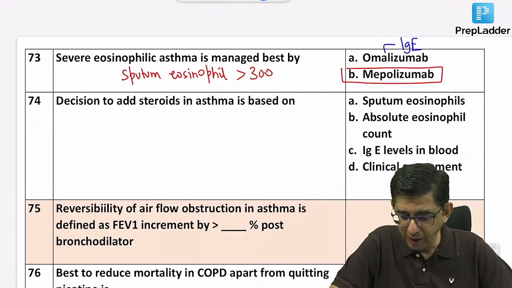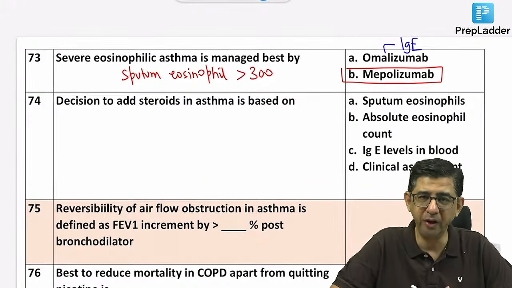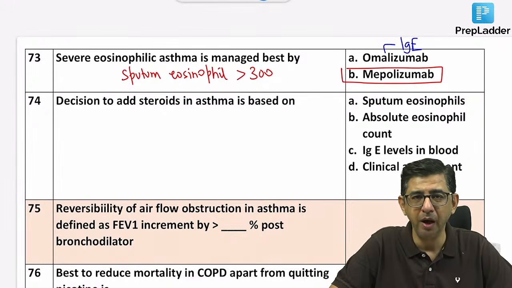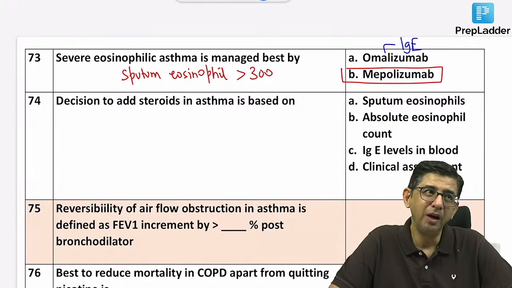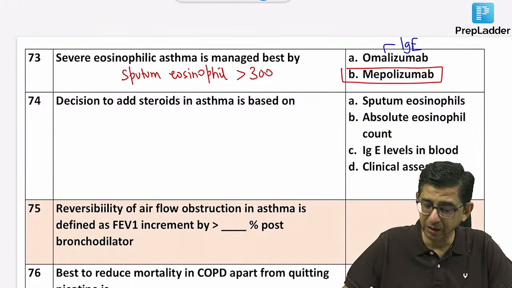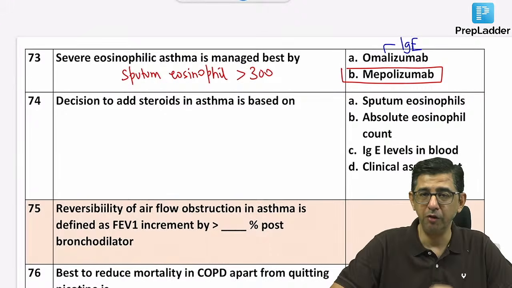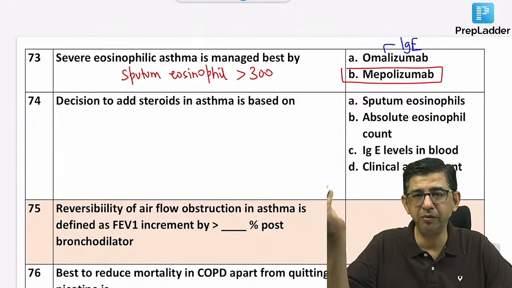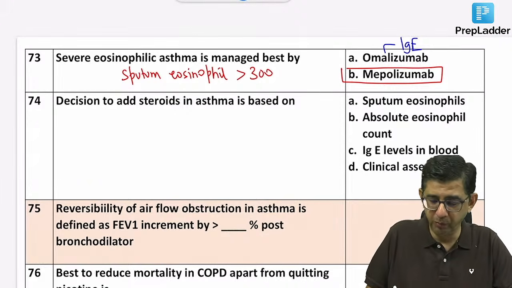That decision to add steroids in an asthma patient is based on, how does a doctor decide? Obviously, one would be symptoms in a patient, but symptoms are very subjective, right? A clinical assessment can be biased because lots of times people are not taking the puffer properly. If you're not explaining to the patient how to take the puffer and there is poor hand breath coordination, that is the problem most of the time for poorly controlled asthma.